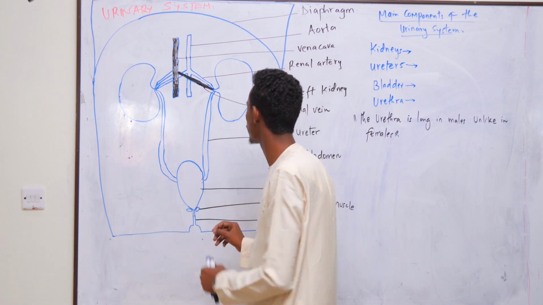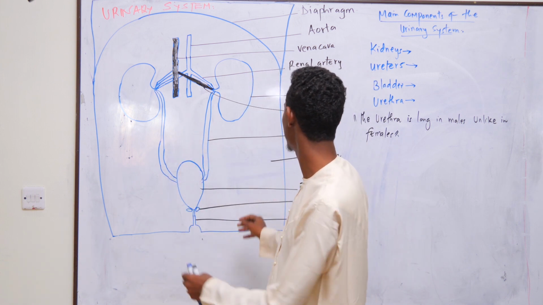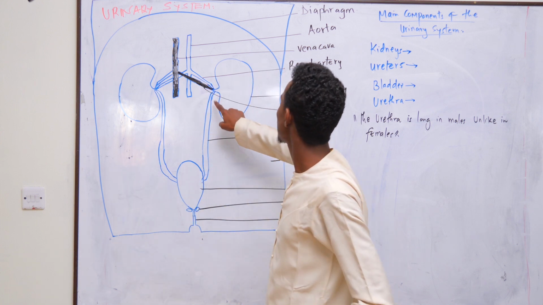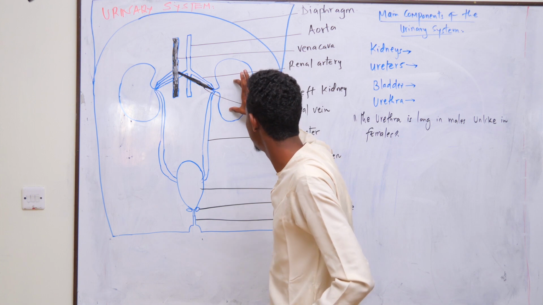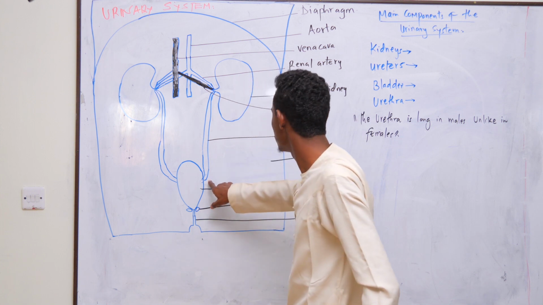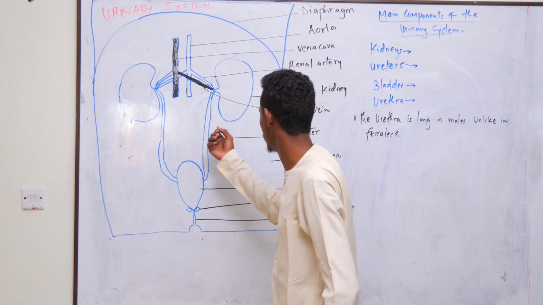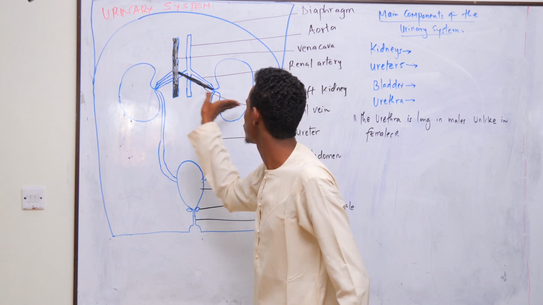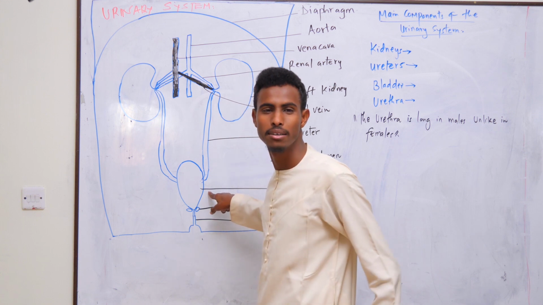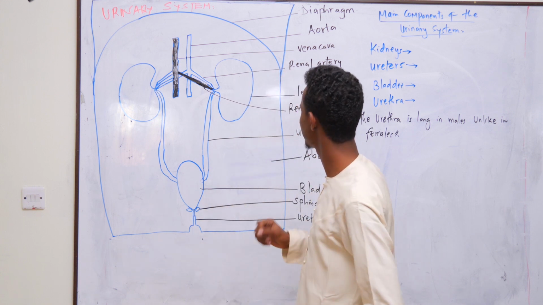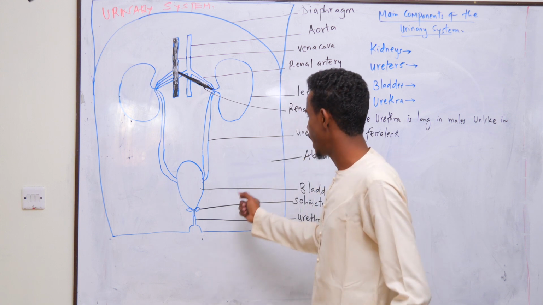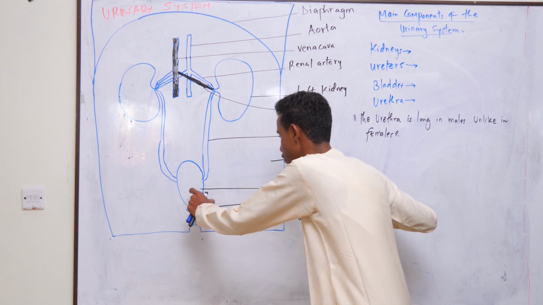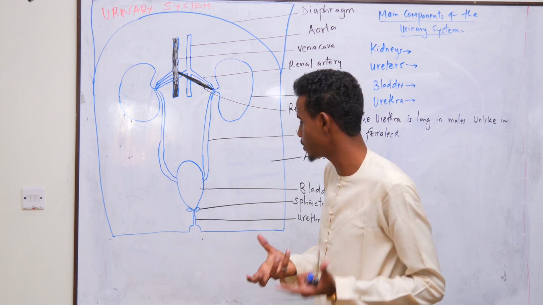Now, another main component of the urinary system is the ureter. The ureter is a tube running from the kidneys to the urinary bladder. Its function is to transport urine from the kidneys to the urinary bladder. Very simple like that. Another main component is the bladder.